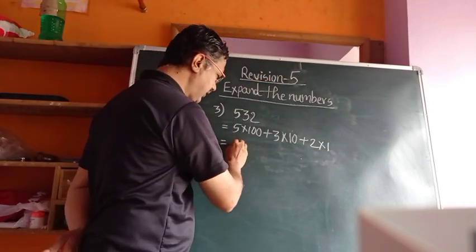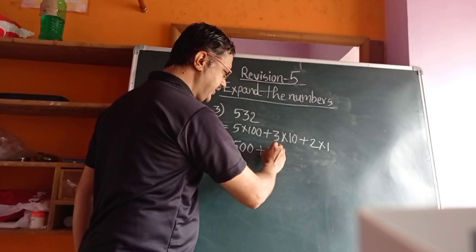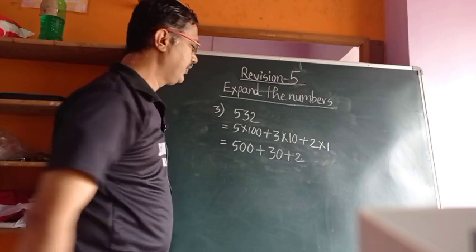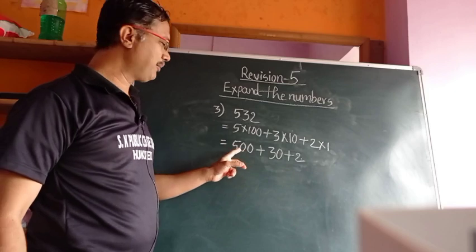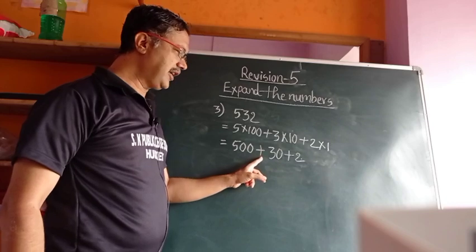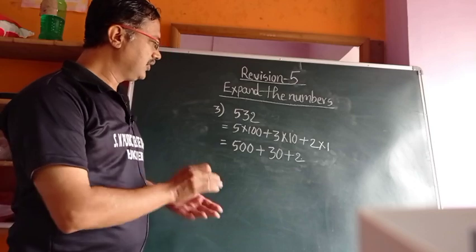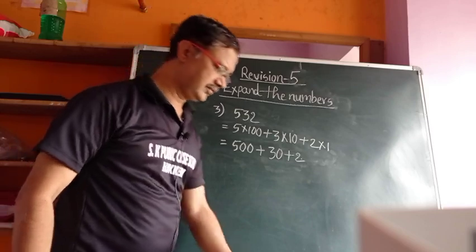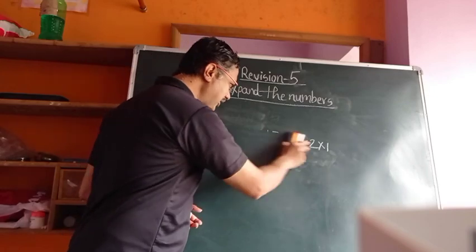Now see here: 500 plus 30 plus 2. If you expand this number 532, we get the answer like this: 500 plus 30 plus 2. Okay, copy this, children. Now next number, a few more examples I'll solve.